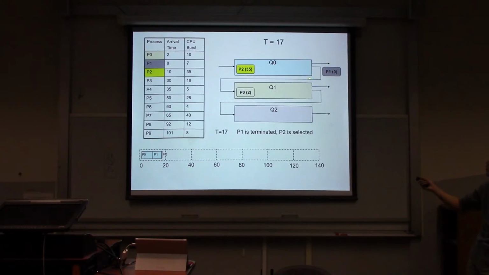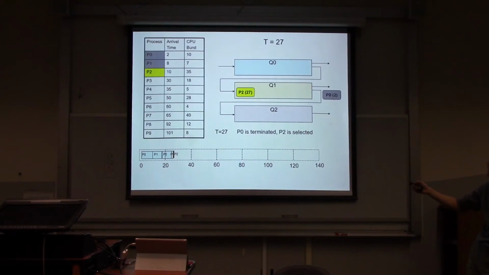This one means it's terminated, and also Q0, Q1. Which one will take the next CPU time? Q0, because there is a process here. And once this one is done at time 25, which one will take the CPU time? Q1, finally.